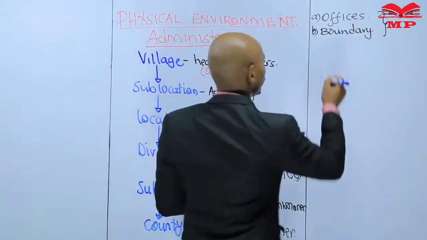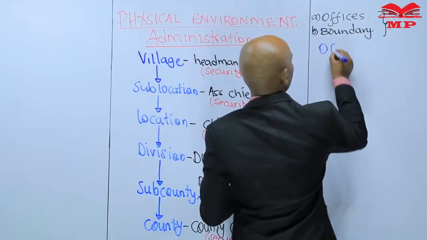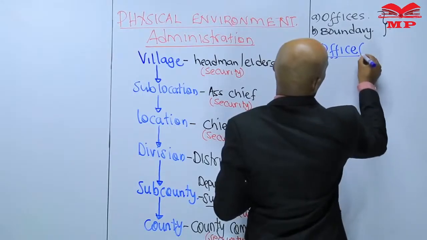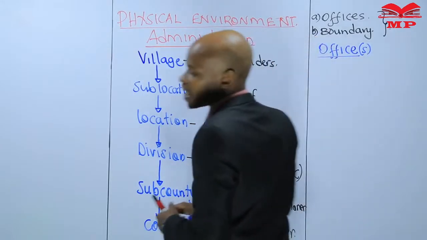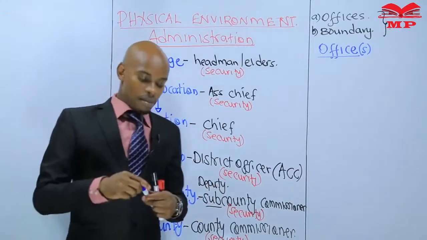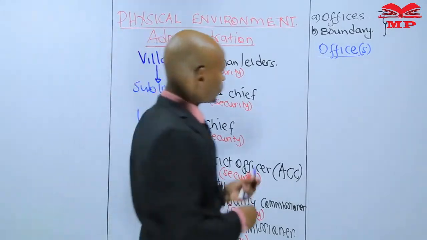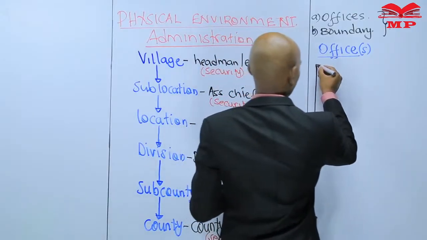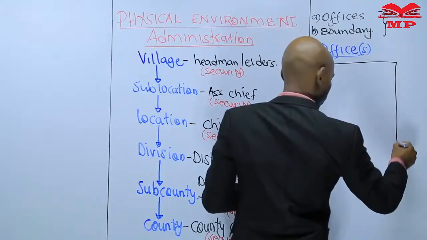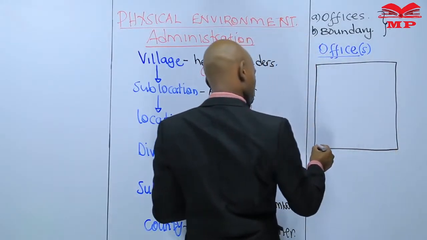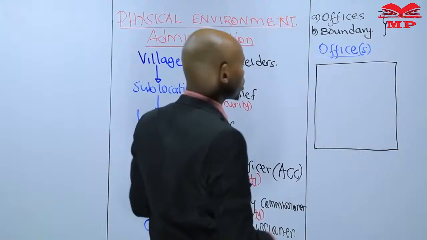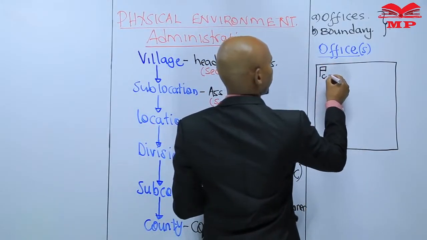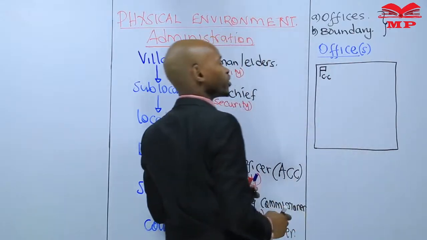So let's start from the office, or offices if they are many in a map. Let me give an example. We have a map here, a very good map that we can use to demonstrate. And we have a chief camp there.